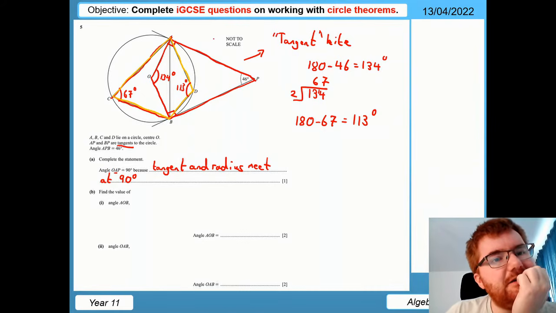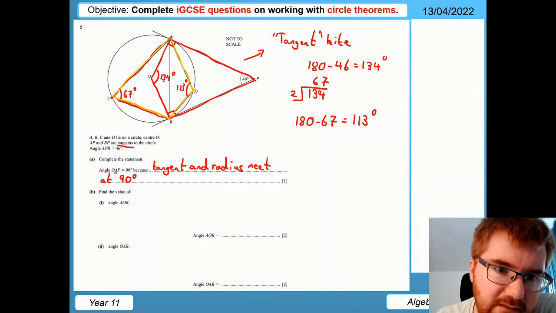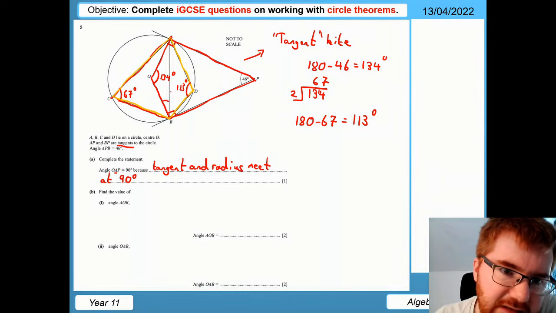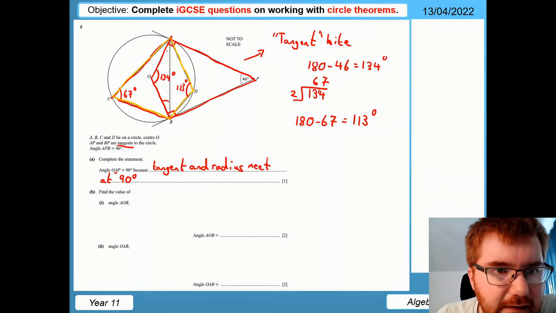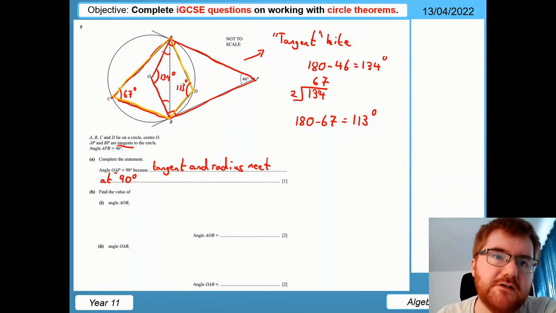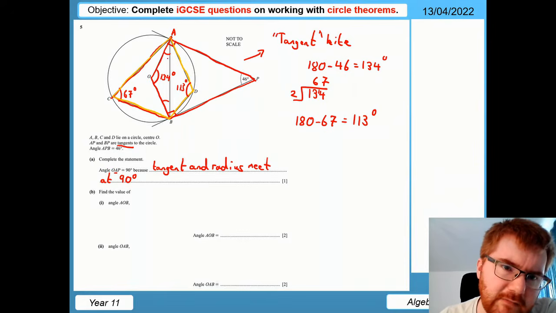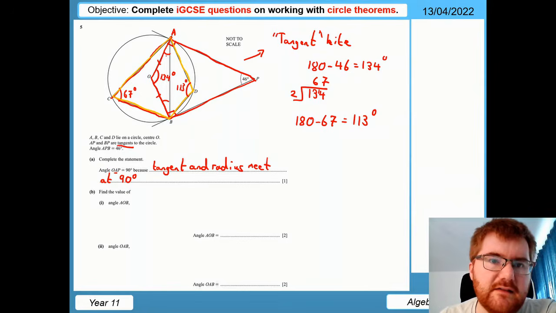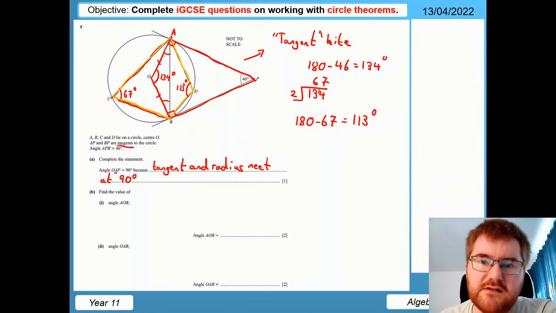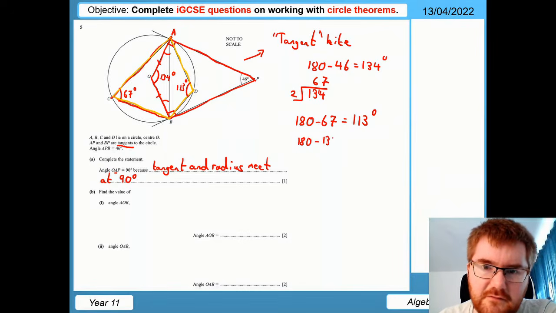Is there anything else I'd like to work out here? I could work out these small angles here. So this angle and this angle here. Because notice these are both radiuses, OB and OA. This is an A at the top here. So this is the same length as this length. So I can work out this using isosceles triangles. So the way I do that is do 180 minus 134.